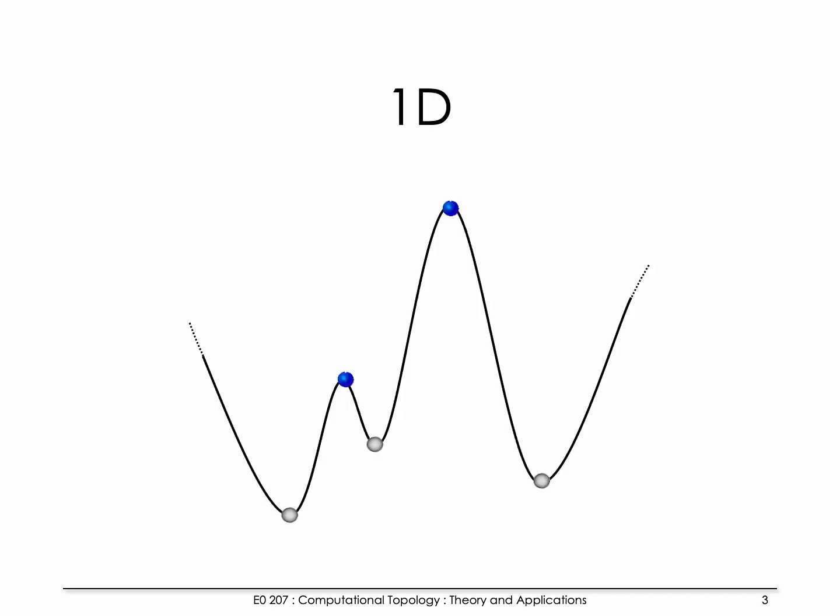Let's start with a one-dimensional function. We have seen the graph plot of a function earlier. This is a similar example of a one-dimensional function which has minima and maxima.